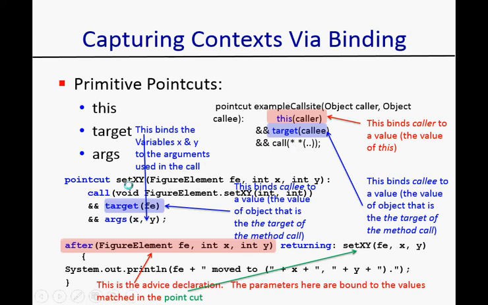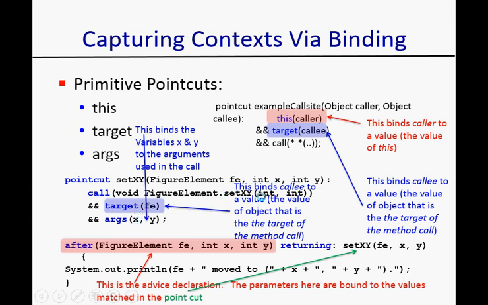Now, an example would be, so we can capture that information, or we can capture arguments. So, for example, if we have set x, y here, and this occurs when we're calling set x, y in some figure element, having two values, it's going to bind the values of x and y here.